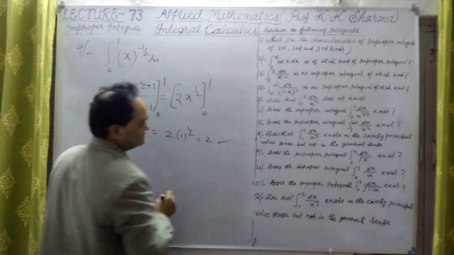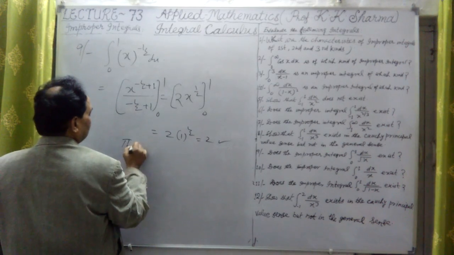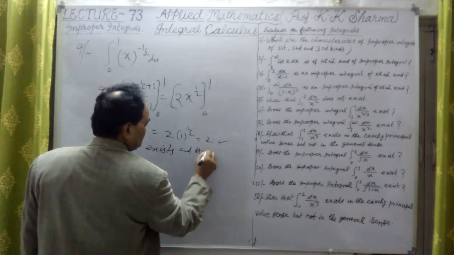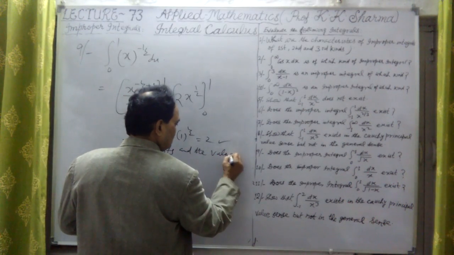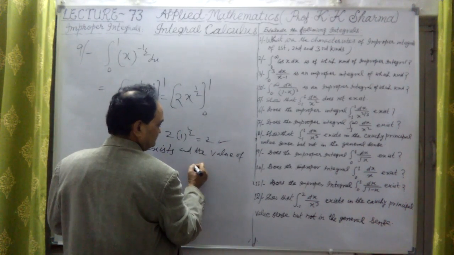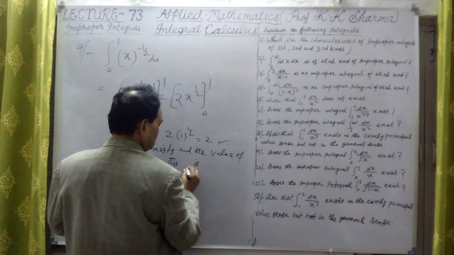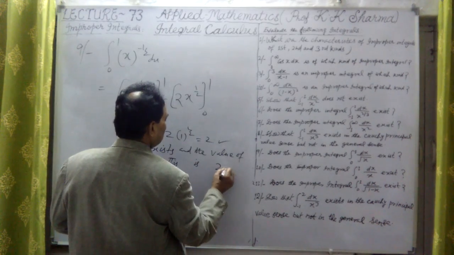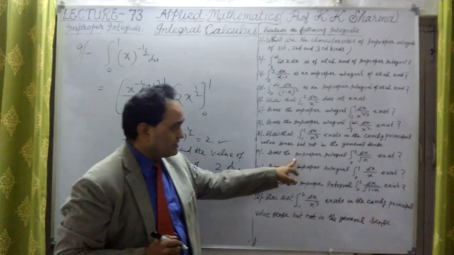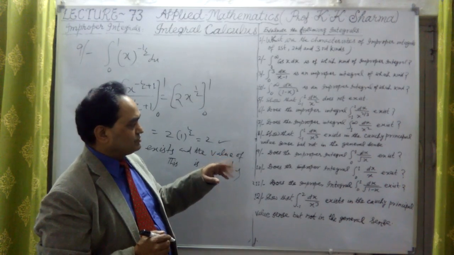So the function exists, yes, it exists in this limit, and the value is 2. The value of this is 2. This 2 is the answer here. Question 9 exists. This improper integral exists in this interval, with finite limits 0 to 1.